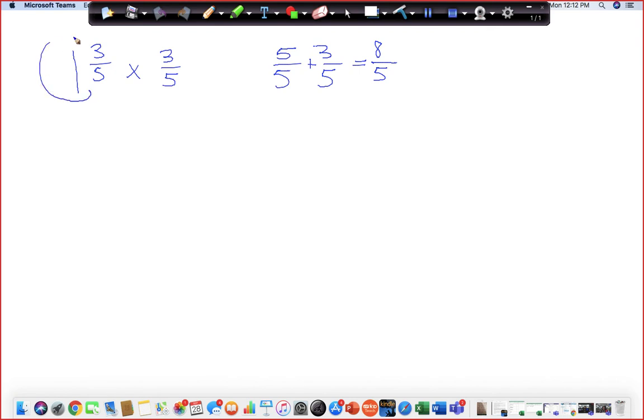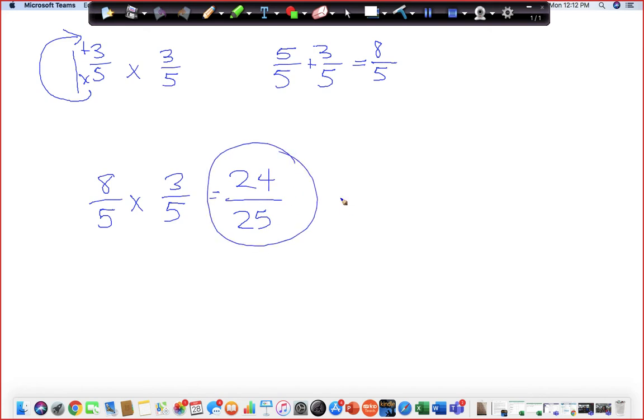A shortcut is the backward C. 1 times 5 is 5, plus 3 is 8. So 8/5 times 3/5. We cannot cross cancel here either way, so we just multiply straight across. 8 times 3 is 24, and 5 times 5 is 25. We cannot reduce this one at all, so our answer is 24 over 5.